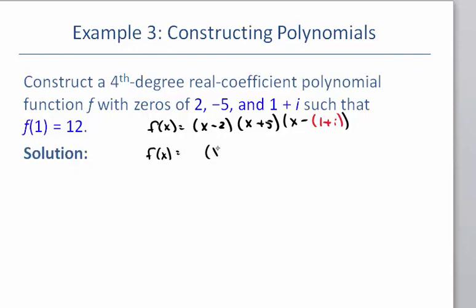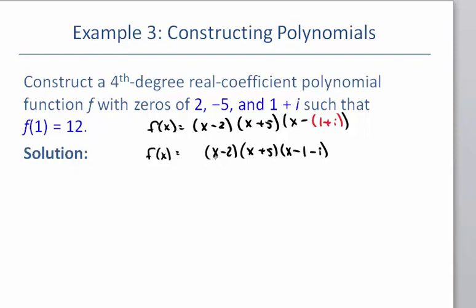Okay, and so we're going to have x minus 2, x plus 5, x minus 1 minus i. We also know that if 1 plus i is a 0, that 1 minus i is a 0. And I'm already thinking ahead that if I leave it like this, I have a problem.